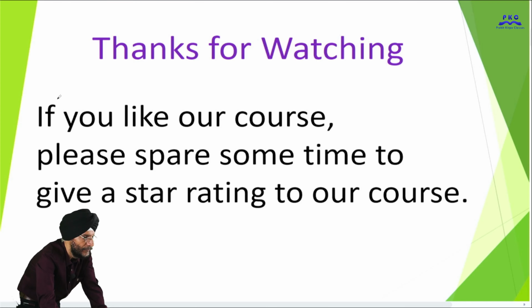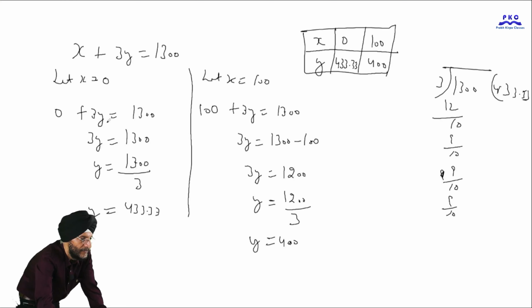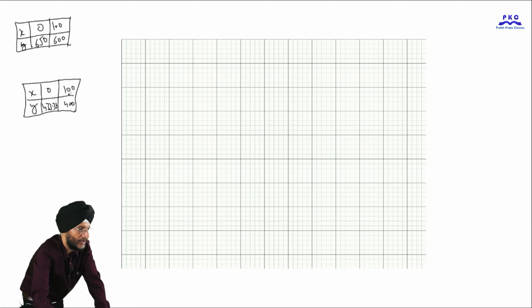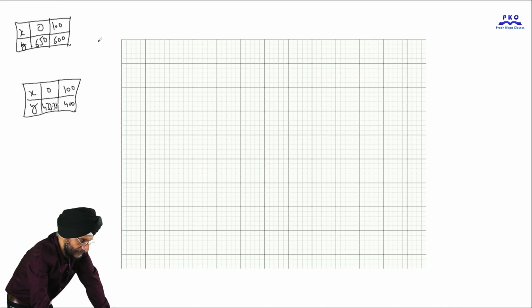Here the value of x was again taken as 0. What was the value of y? 433.33. Here 100 and it was 400. So these are the values which we have arrived at.